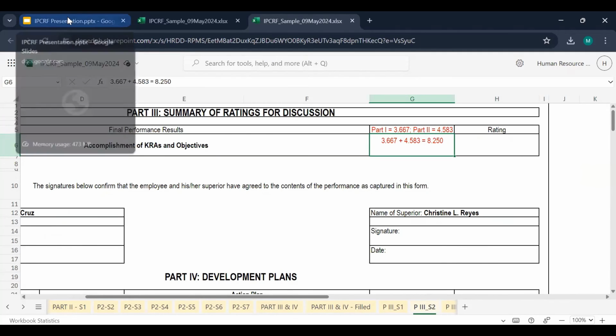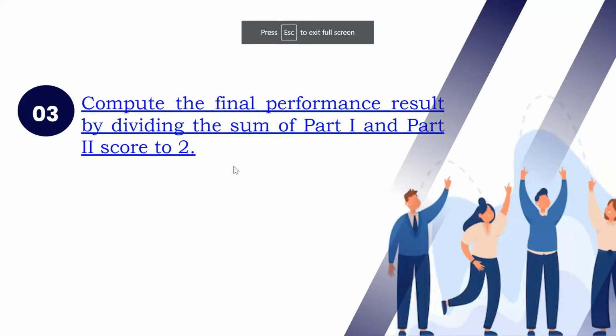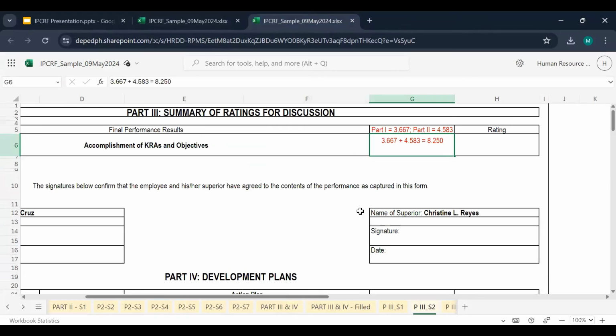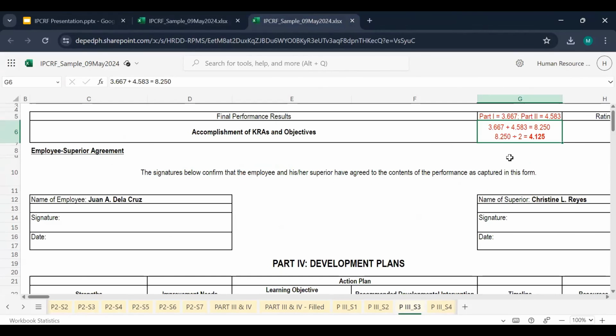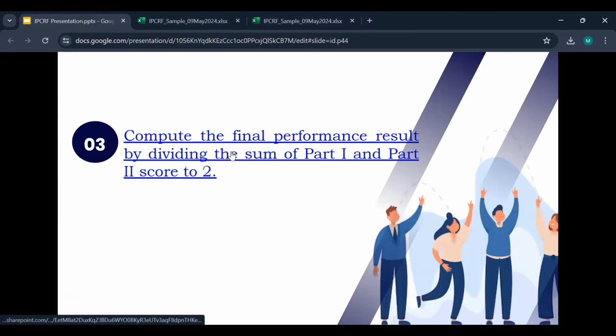After getting the sum of the two parts, the next step is to compute the final performance result by dividing the sum of part 1 and part 2 scores by 2. Let us find out what the performance result will be. So 8.250 divided by 2 equals 4.125. So this is the final performance result.